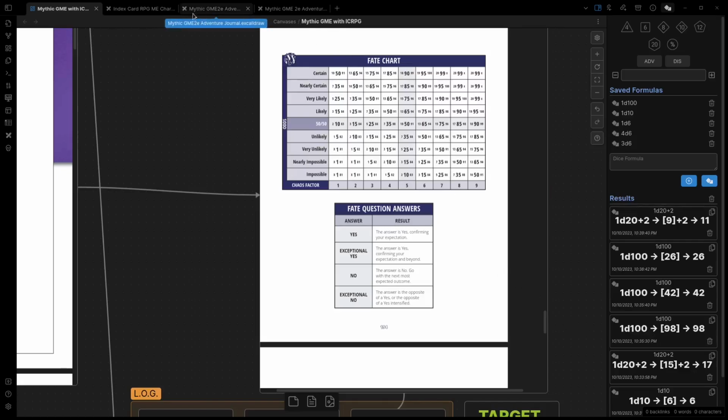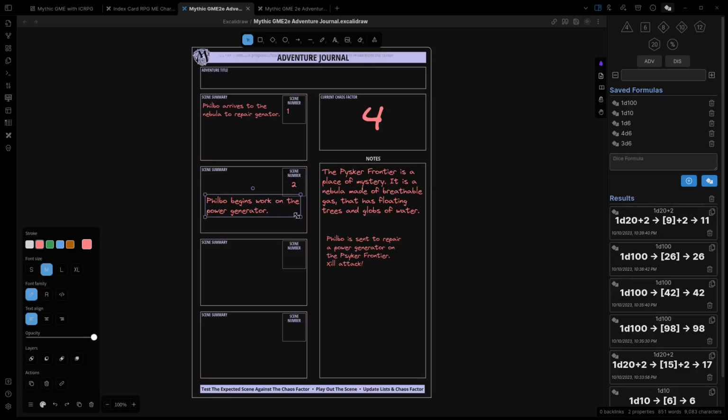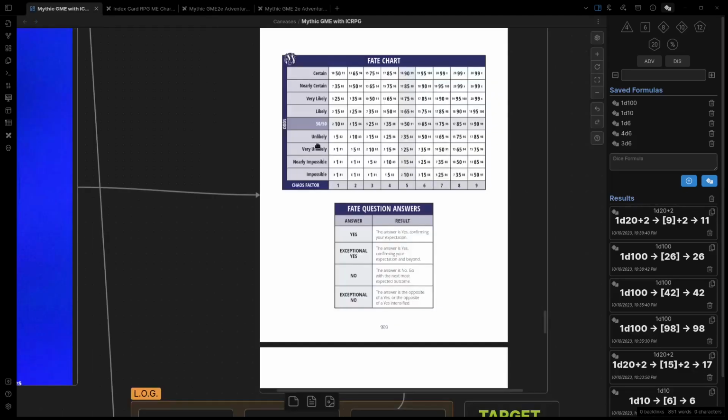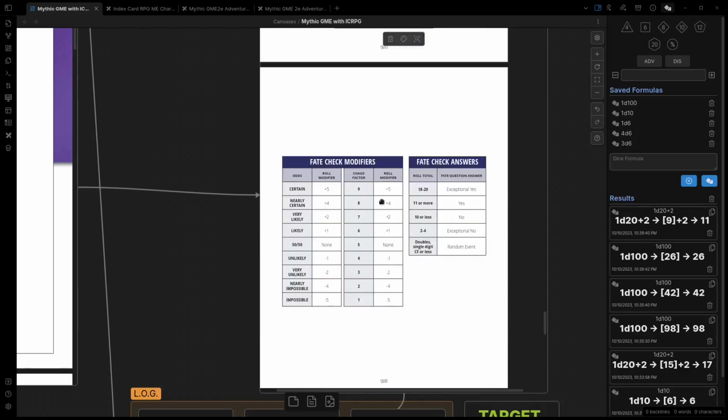Now let's look back at my scene here. Bilbo Baggins begins to work on the power generator. Let's test the scene expectations and see what actually happens. So I have to roll over the chaos factor in order for it to become expected.